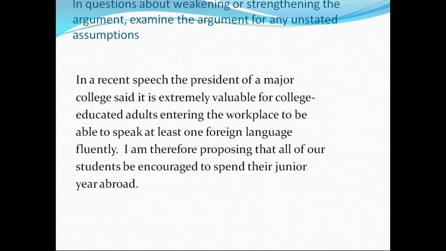And conversely, could it not be the case that you could stay in the United States or stay in your own country and still learn a foreign language without going abroad? Yeah, you could. So you don't need to go abroad to learn a language.